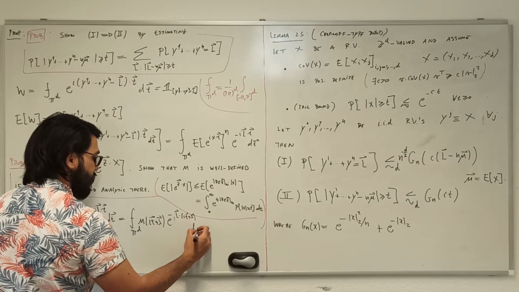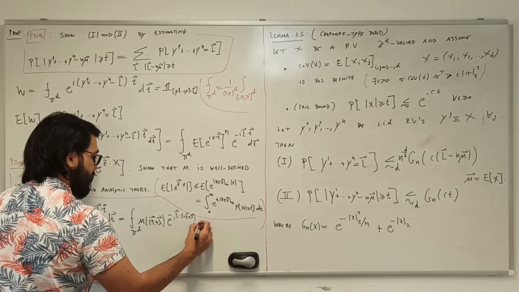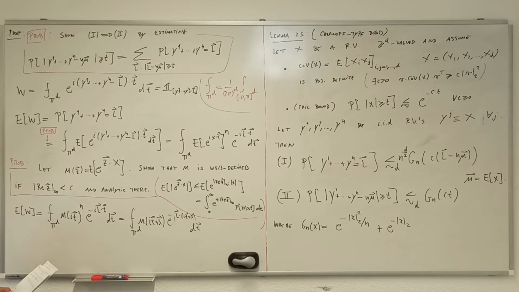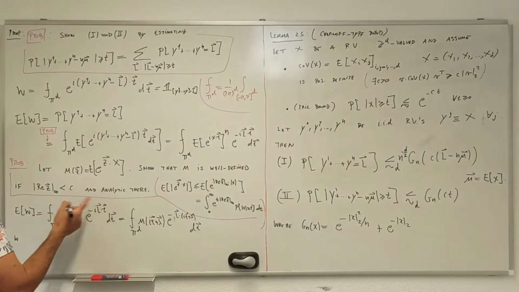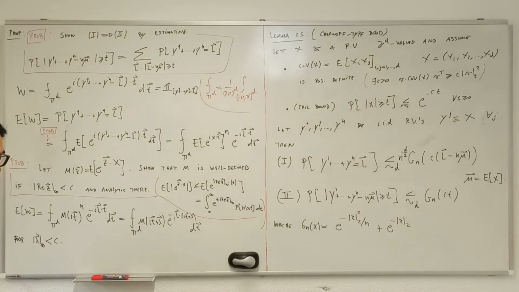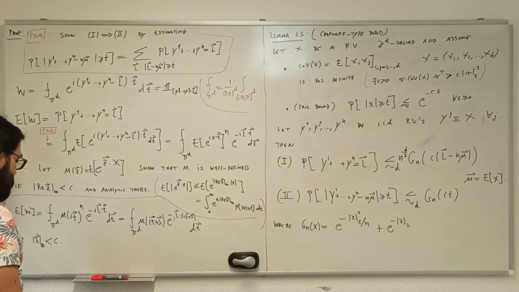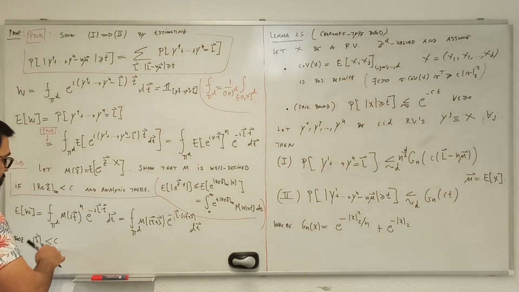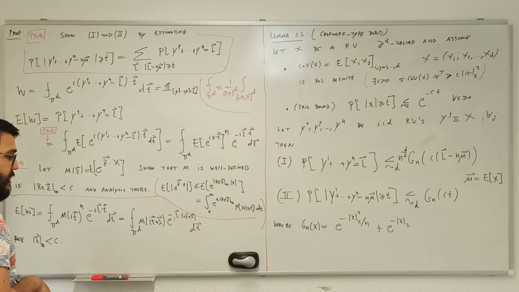Lambda here is just a sufficiently small vector, let's say lambda with infinity norm less than c. As long as it's sufficiently small, this will work for the argument. But in any case, that's the bound. So for instance, if the infinity norm equals c over 2, it should be fine.